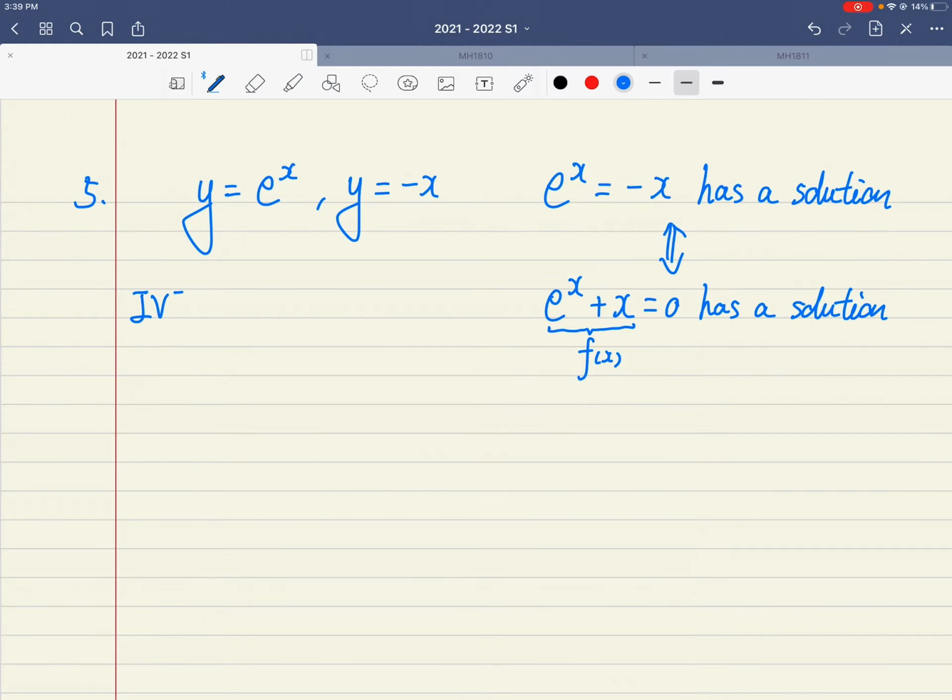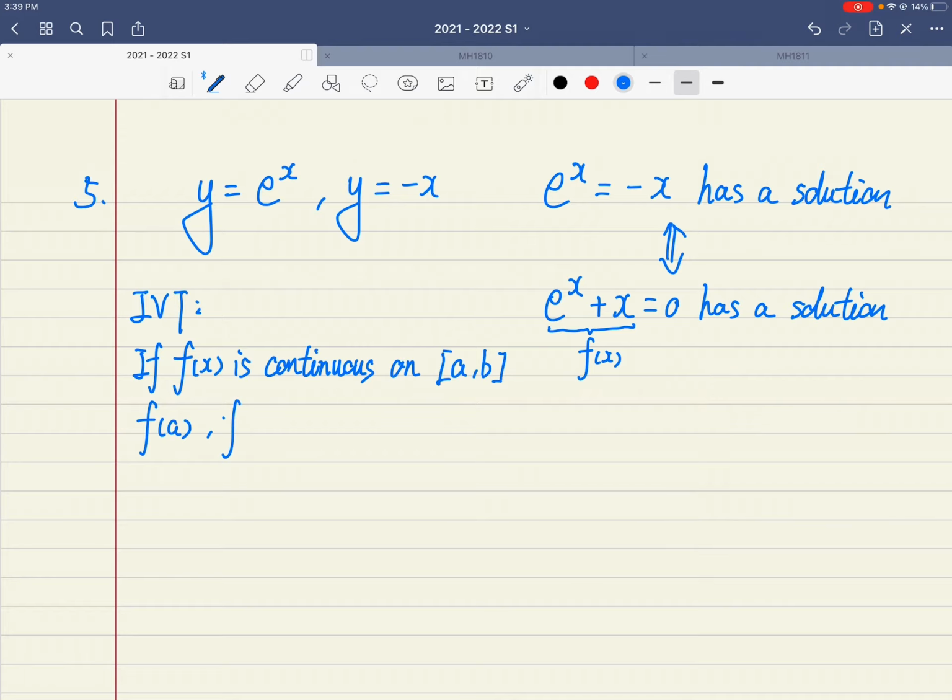So by the intermediate value theorem, what is the intermediate value theorem? If a function f(x) is continuous on the closed interval [a, b], and let's say f(a) and f(b), for the two boundaries, you have two values, f(a) and f(b).